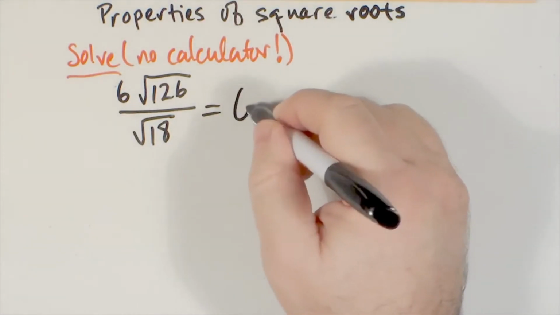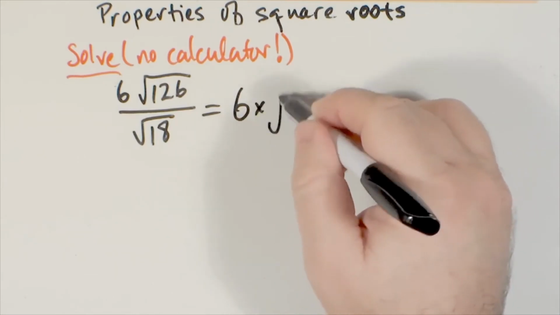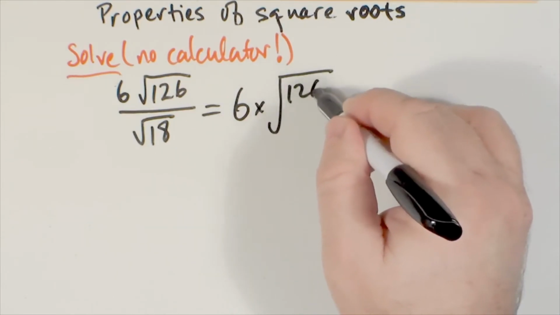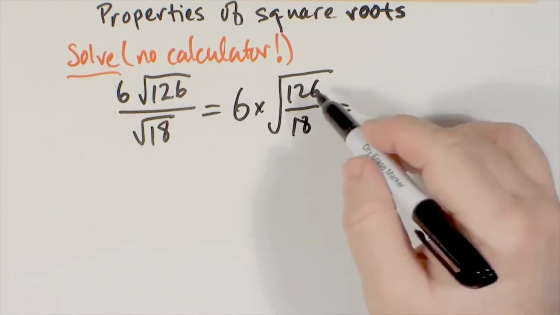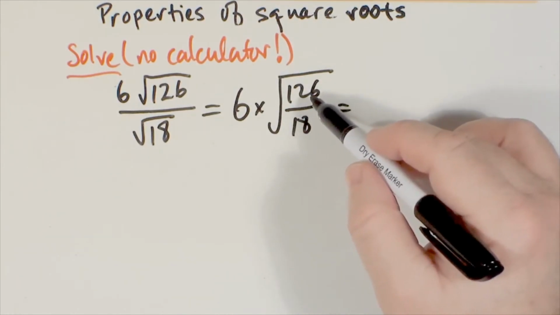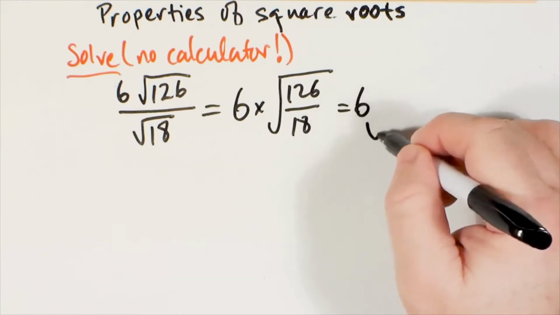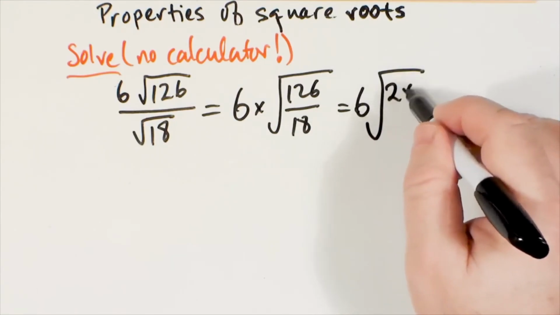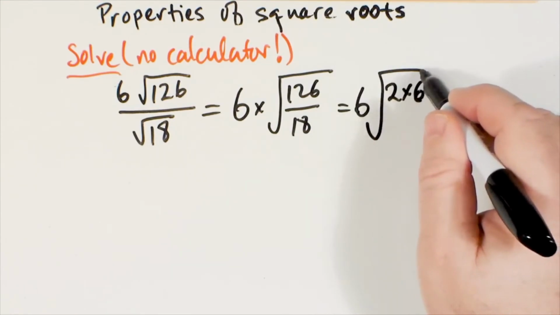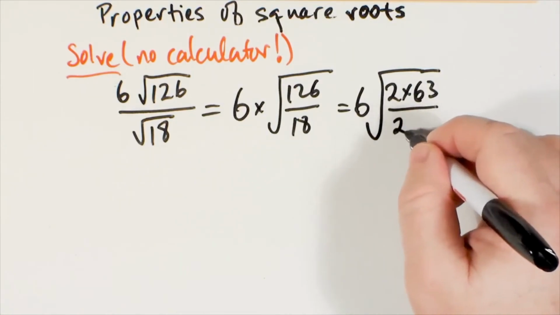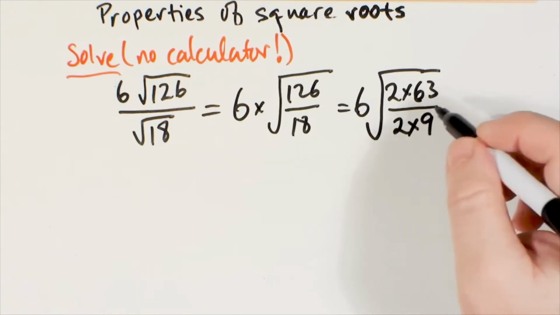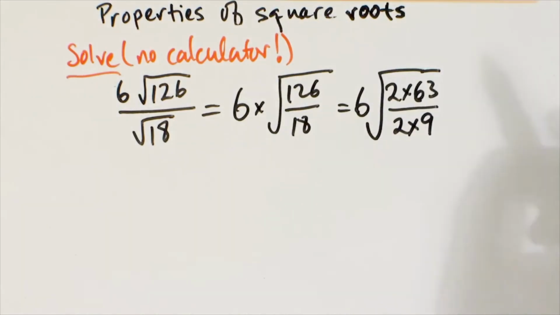So we can take the 6 outside the fraction, and 126 over 18 could be combined under a single surd. And that can become useful because we can actually cancel some terms this way. So keeping the 6 outside, the 126 can become 2 times 63, and 18 is like 2 times 9. And notice that a 2 is common on the top and on the bottom of the fraction, and we can cancel them out.